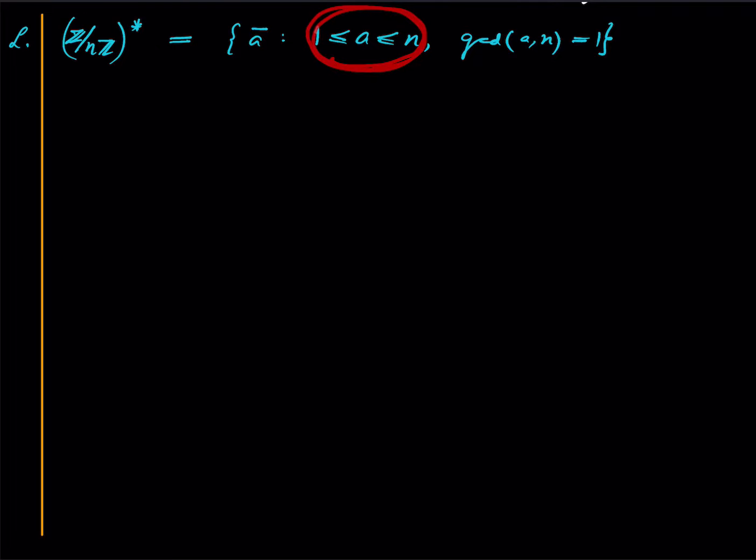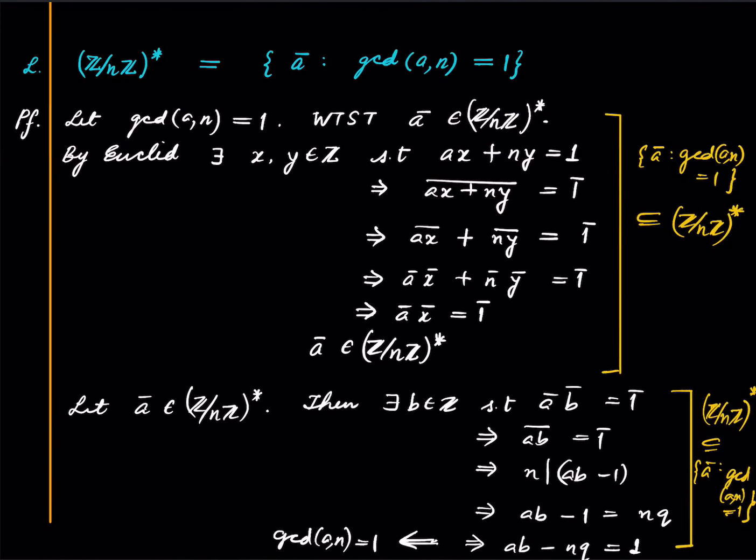I want to say that (Z mod nZ) star is the set of a bar with this constraint: GCD of a and n equals 1. This is not very different from the previous lemma. In the previous lemma, we just did not have this condition. It was basically all integers. It's not a very deep refinement of this lemma.